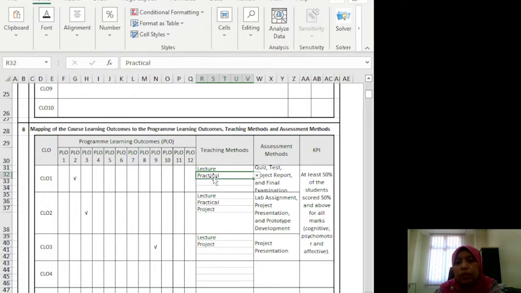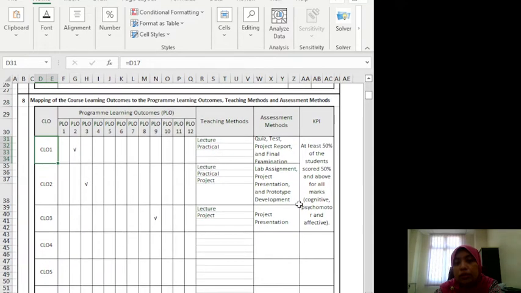Alright, so by doing the lecture and also the practical lab lah. Okay, and how to assess your understanding on CLO1, of course using quiz, test, report for the project and also final examination. Okay, so basically ini yang kita akan buat lah.